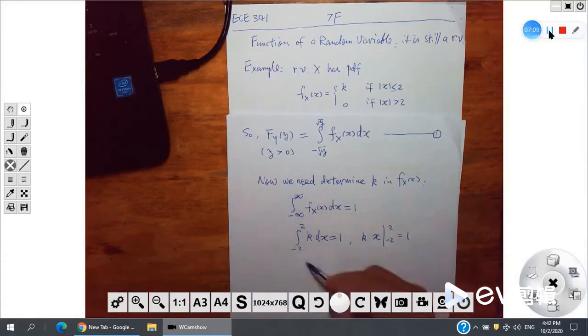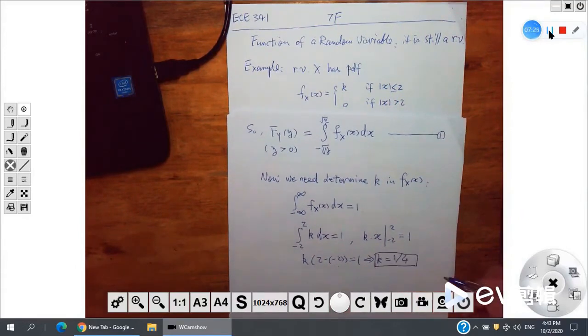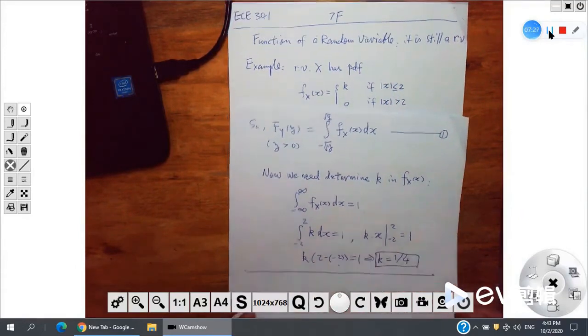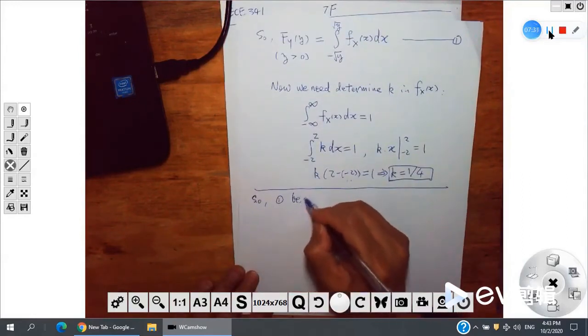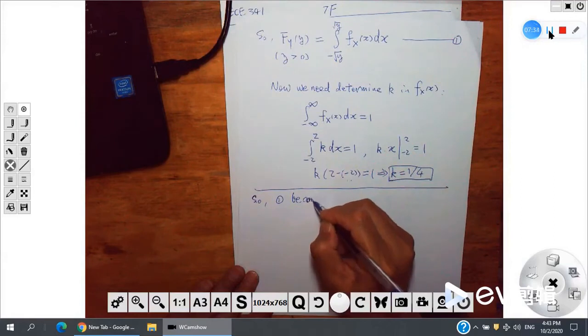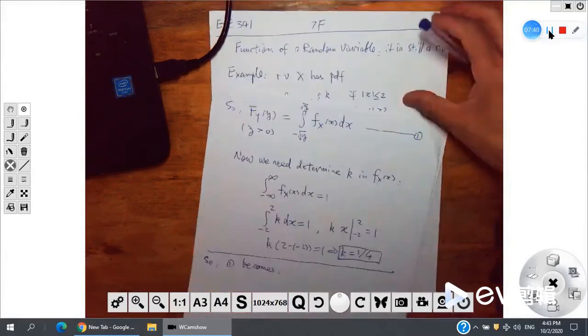So this is k times 2 minus negative 2 equal to 1. I get k equal to 1/4, since 2 minus negative 2 is 4. I have k now. So we know k is 1/4, and we plug it in.